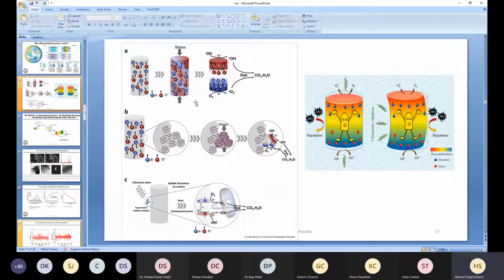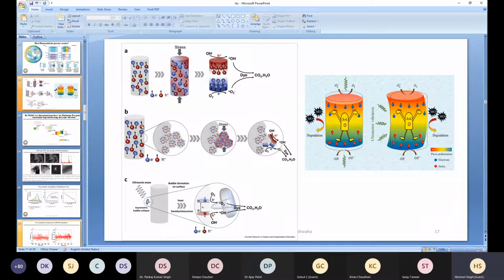When we apply stress, the bulk polarization is generated due to the dipoles present in the piezocatalytic material, and these dipoles align due to the mechanical stress and result in positive and negative charges over the surface, and these charges also act as adsorbents, like the negative and positive moieties present in the pollutants will adsorb over the surface, and the electron-hole transfer will occur due to this adsorption, and reduction and oxidation processes will occur, and it results in the complete mineralization of the pollutant.